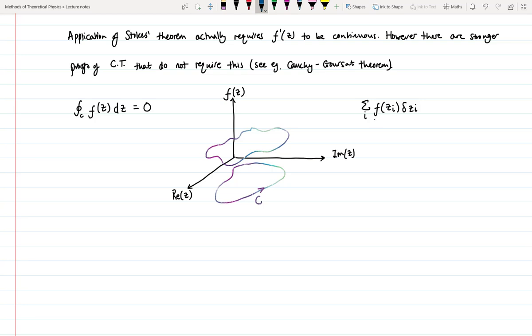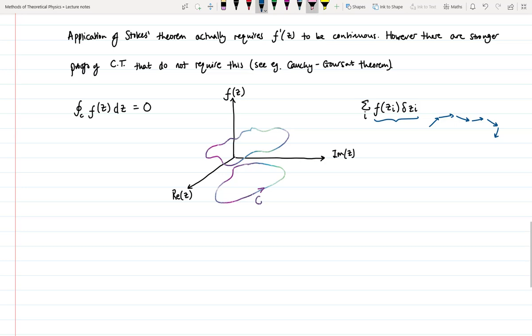This is a sum of complex numbers, and we know that we can treat that as vector addition. So we might have something like this, where as we're changing i, we add more vectors top to tail.